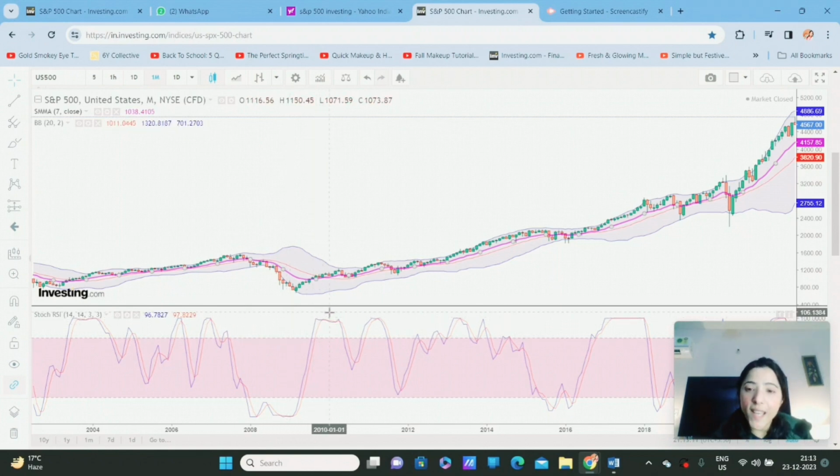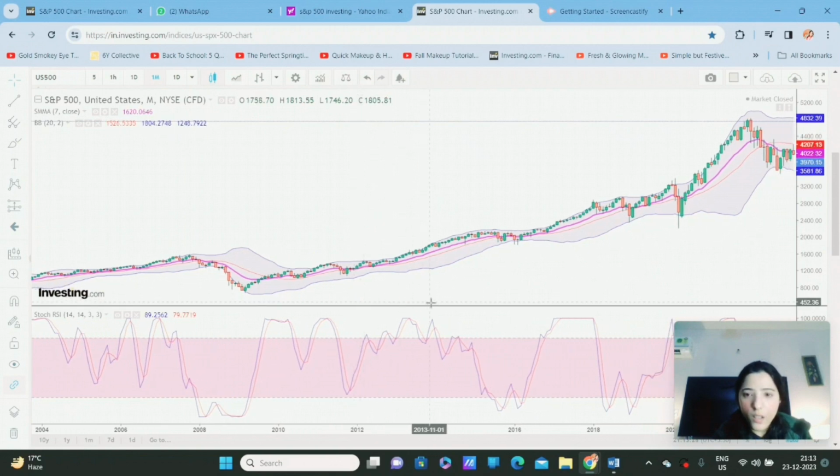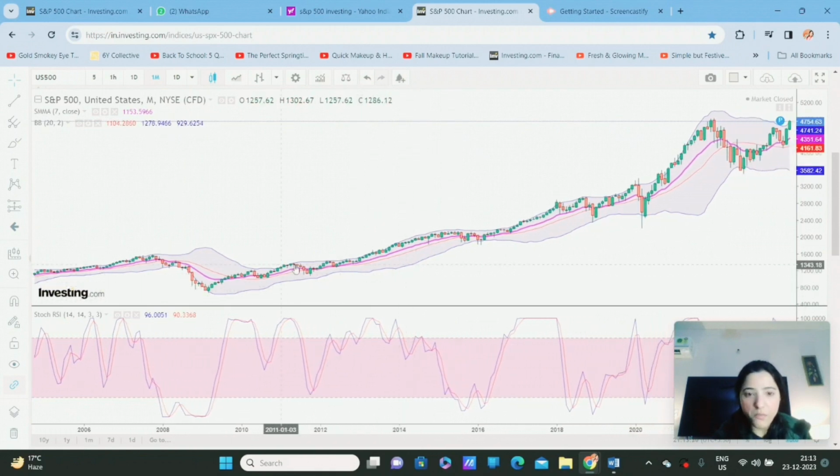If you'll see, the simple moving average has not fallen below the moving average after 2009. Never.